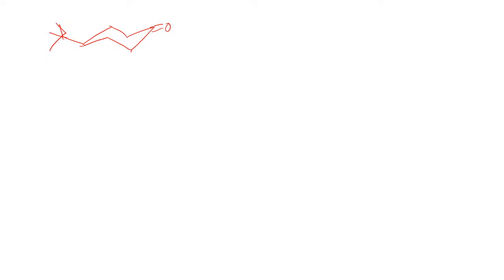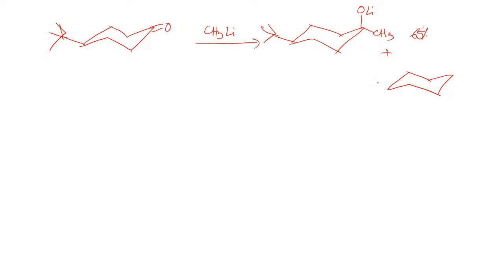In this 4-tert-butyl cyclohexanone, if we add methyl lithium, then the equatorial attack is the major one, that you get around 65%, and the axial attack you get 35%.